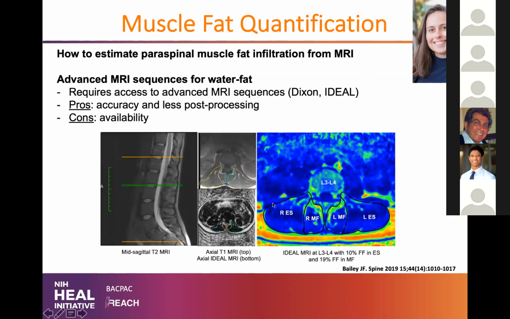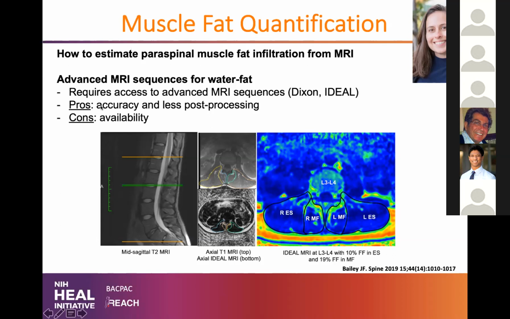So you can see here again, this is a fat fraction map. What you have to do is outline and segment the individual muscles, and then you can build an average fat content in these muscles by summarizing the fat content in the different voxels in the region of interest.